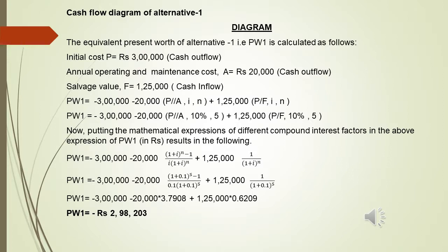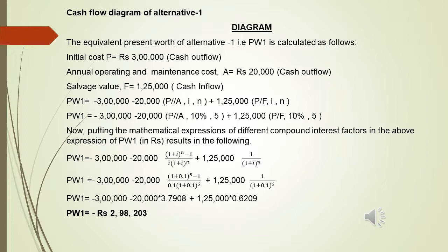In the cash flow diagram, see what they have given. The first cash flow diagram is for alternative 1. The initial purchase cost is 3 lakh, so it is getting deducted, right? You have to mark it in the downward direction.